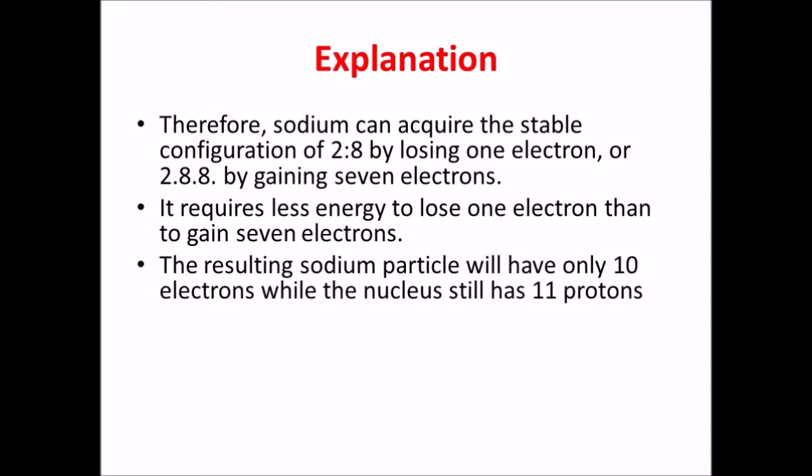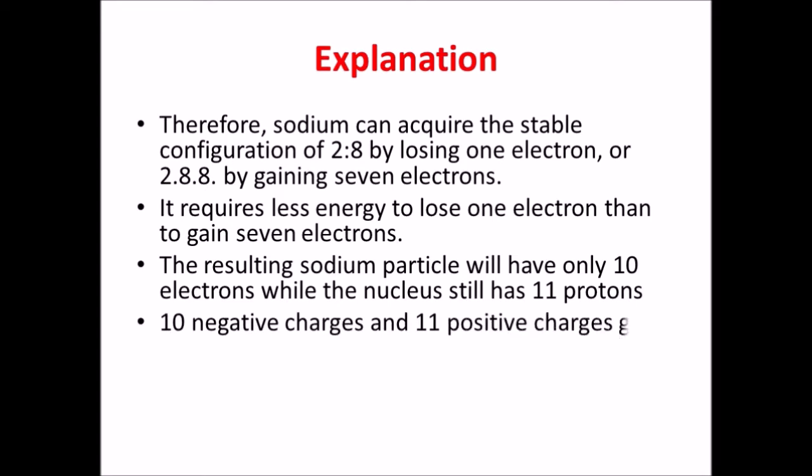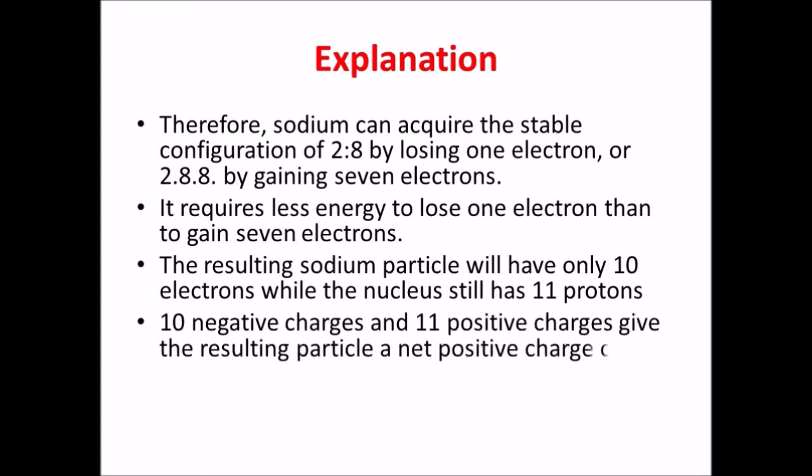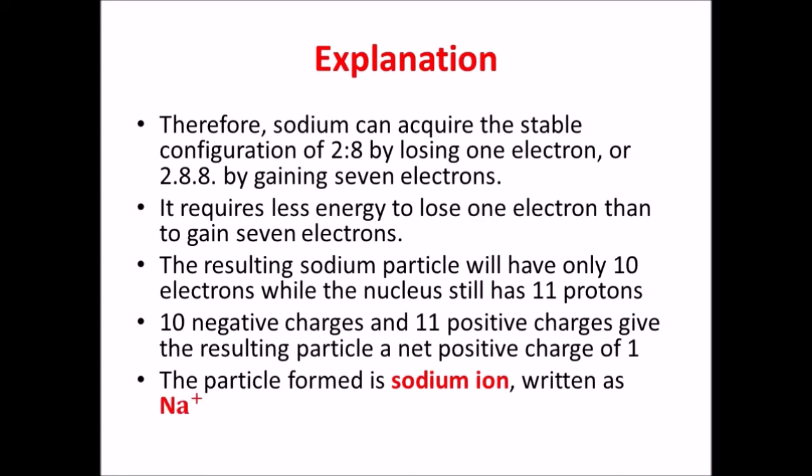Therefore, the resulting sodium particle will have only 10 electrons while the nucleus still has 11 protons. So the 10 negative charges and 11 positive charges give a resulting particle with a net positive charge of 1. So the sodium ion is written as Na+.